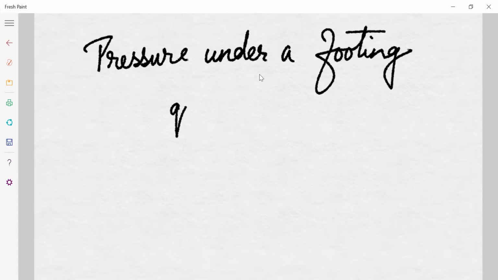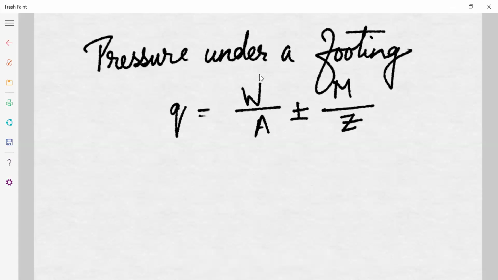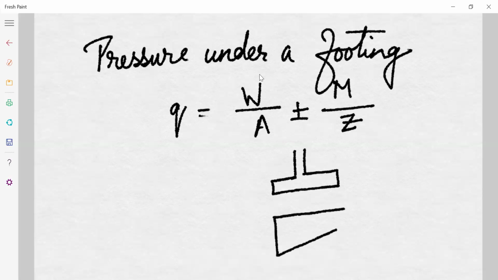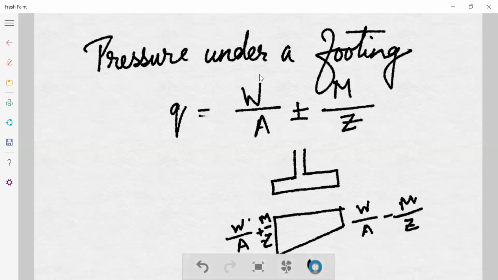The pressure value is W by A plus minus M by Z. Suppose this is the footing. The pressure will not be uniform, it will be non-uniform. Here it will be W by A plus M by Z, and here it will be W by A minus M by Z. So it will be different when there is both moment and axial load. This we have to calculate.